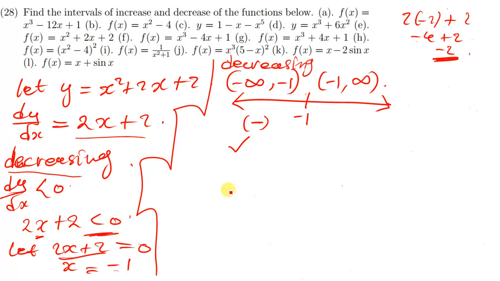We replace x with 0 there. We're going to have 2 times 0 plus 2, and this will give us 0 plus 2, which will just be 2. So 2 is a positive answer, meaning on this side the function is going to be increasing.